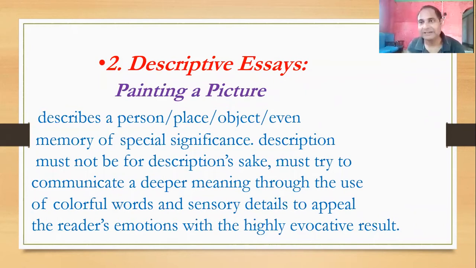We should lead them to that level. We should raise certain thoughts, certain feelings in their mind when we are writing the descriptive essay. So next type is the expository essay.